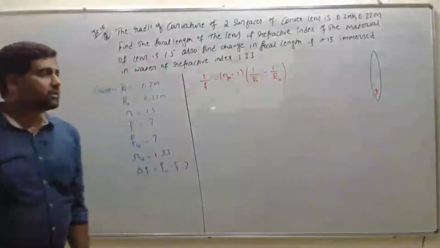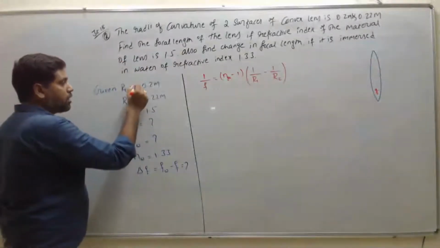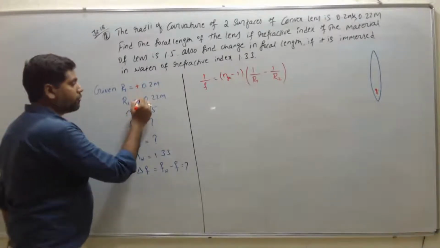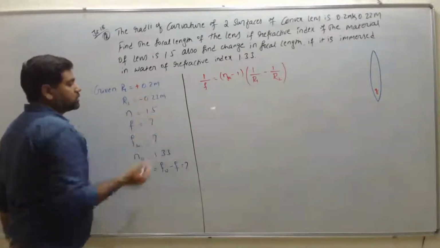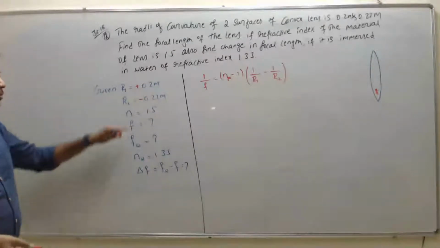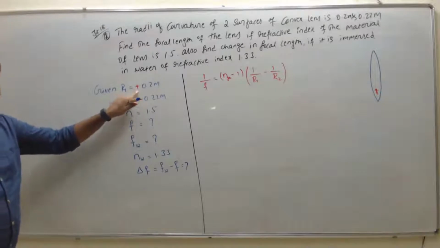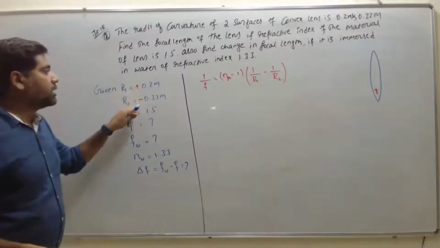For a convex lens, the radius of curvature R1 is positive and the radius of curvature R2 is negative. R2 is negative and R1 is positive. This is from the sign convention.